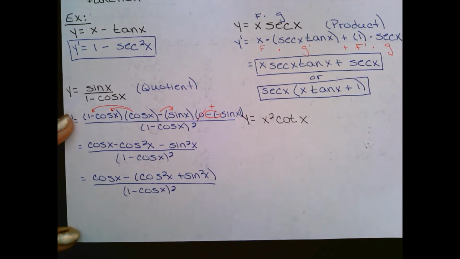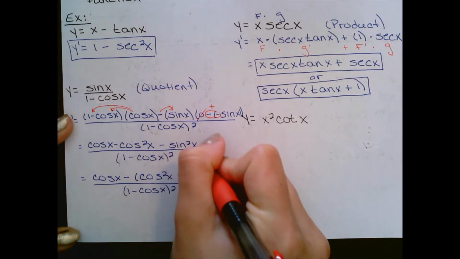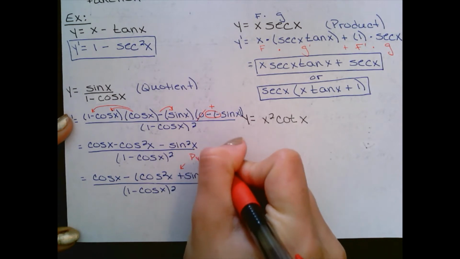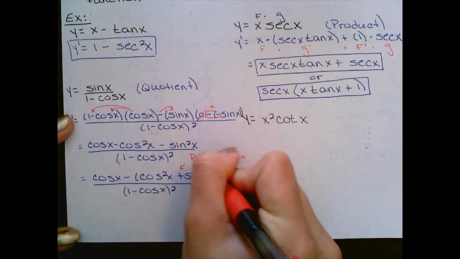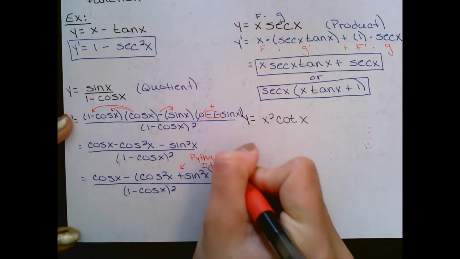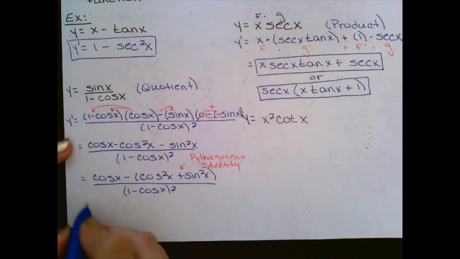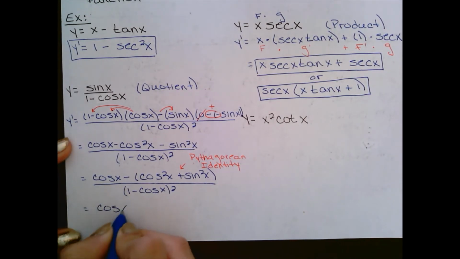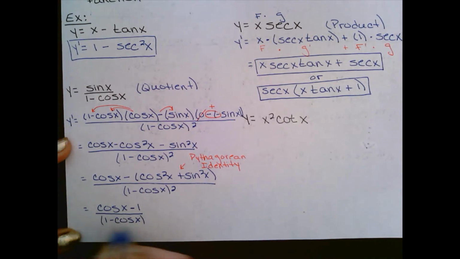So we know that this right here is a Pythagorean identity. Okay? And so I can rewrite this as cosine of x minus this equals 1 over 1 minus cosine of x squared.